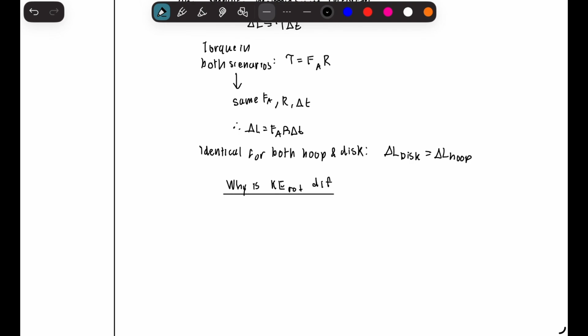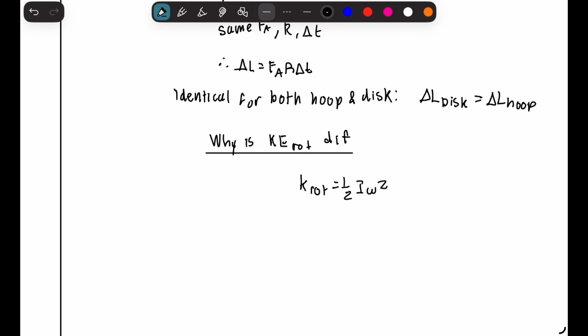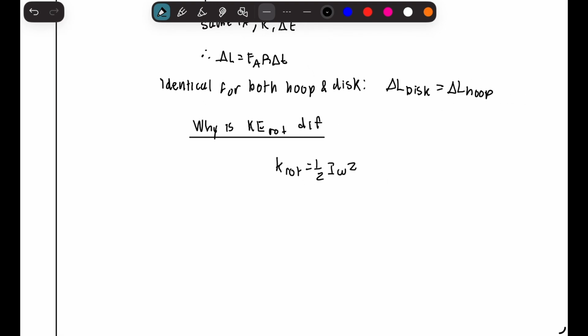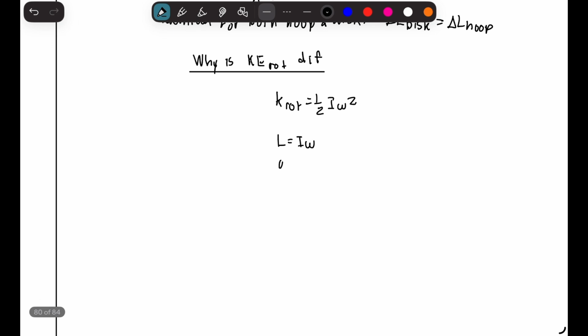This is because rotational energy is equal to 1/2 I omega squared. But in angular momentum, L is equal to I omega. If you solve for omega, omega is equal to L over I.